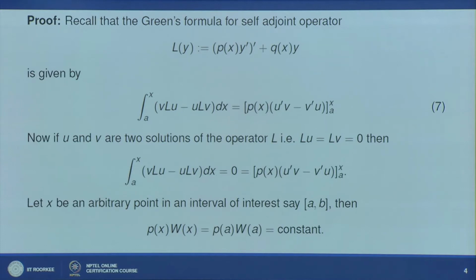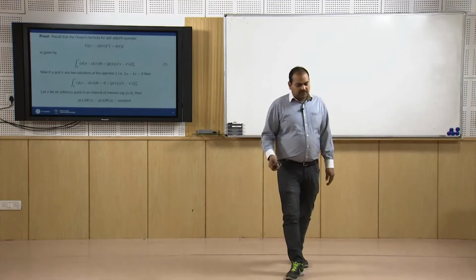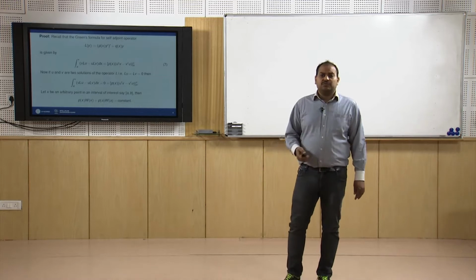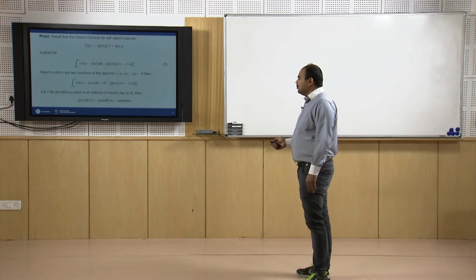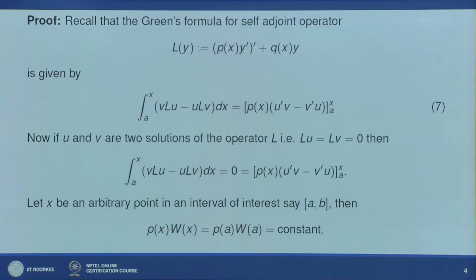Now if u and v are two functions of the homogeneous problem, that is Lu = Lv = 0, then putting u and v here as solutions of the operator L, this term becomes 0. So v times 0 minus u times 0 becomes 0. So this implies that this expression is basically 0.